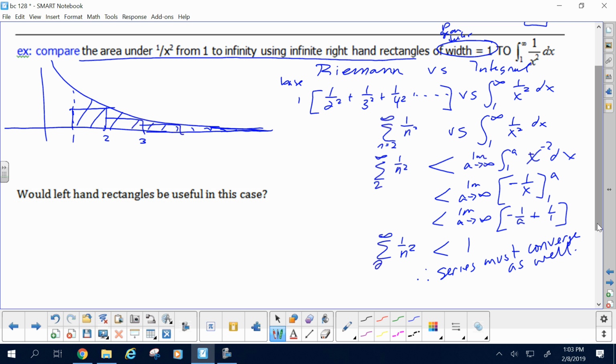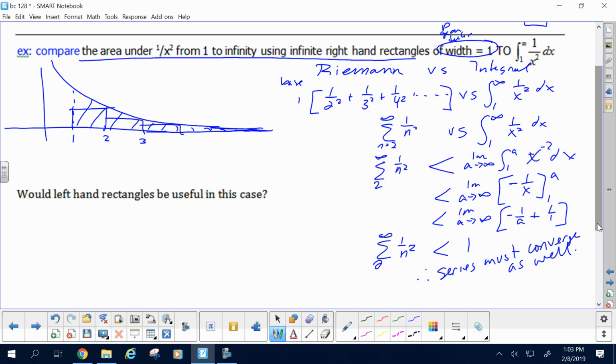Now this actually is an introduction of both series ideas. The direct comparison test is a way of saying, less than finite is finite, and it must converge. Greater than infinite is infinite, and it must diverge. That's really the direct comparison test, and I'll show you that in a minute.